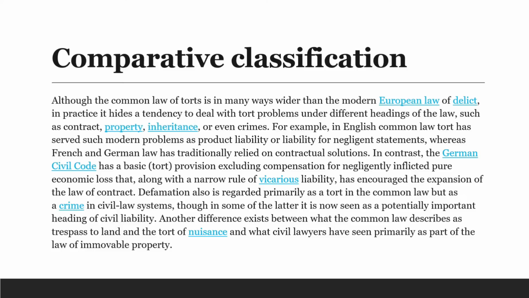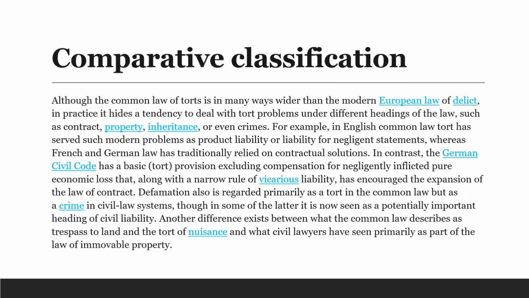For example, in English common law, tort has served such modern problems as product liability or liability for negligent statements, whereas French and German law has traditionally relied on contractual solutions. In contrast, the German Civil Code has a basic provision excluding compensation for negligently inflicted pure economic loss that, along with the narrow rule of vicarious liability, has encouraged the expansion of the law of contract.